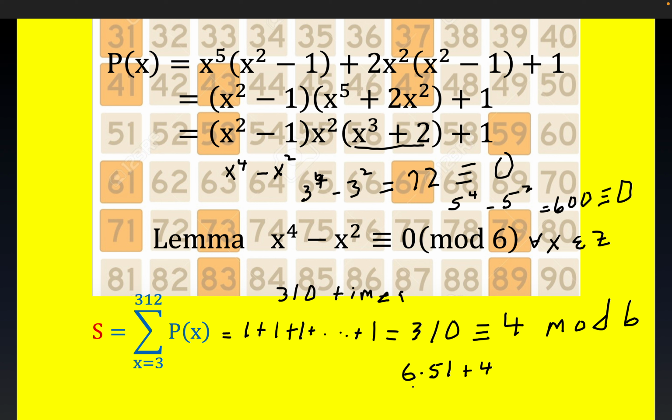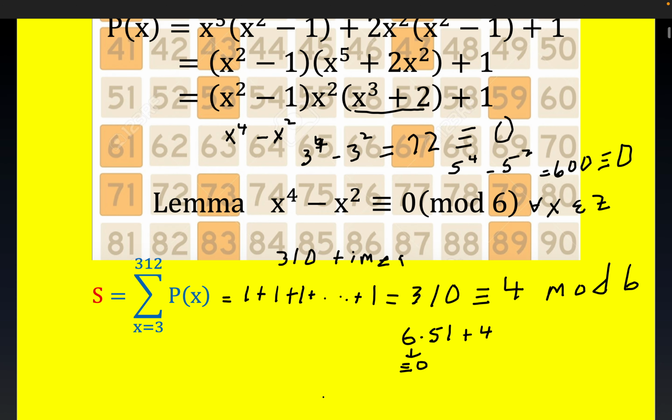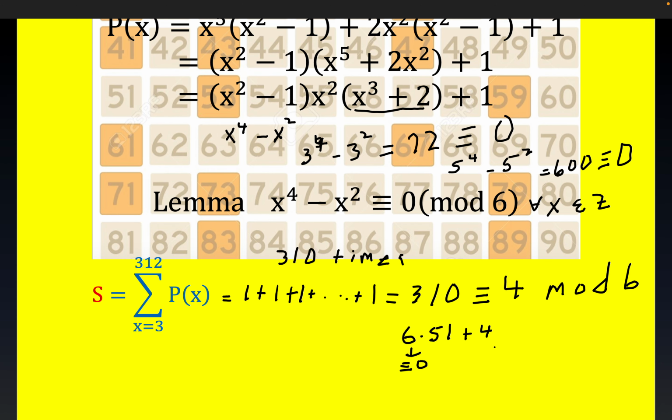And of course, 6 itself is congruent to 0 mod 6. And that's trivial. No condescension intended. So 4 is our answer. 4 is the answer to the problem, folks.